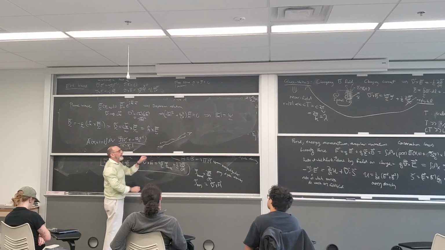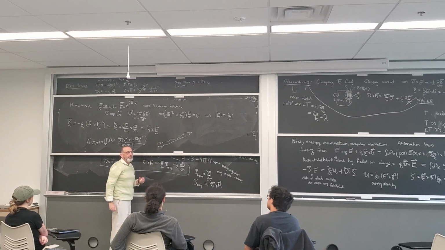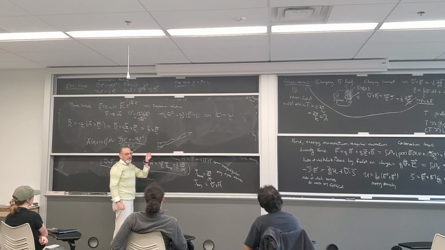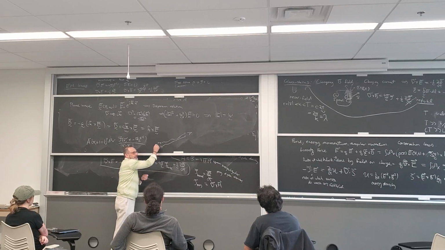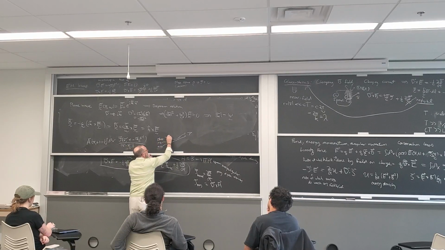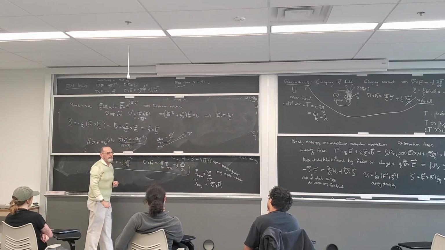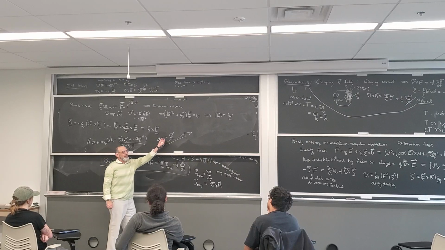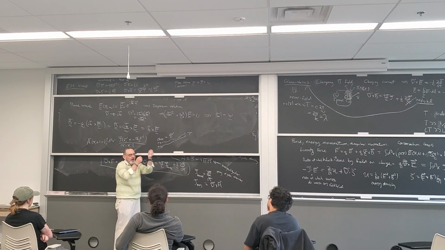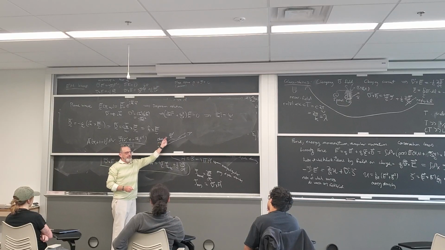The question is, how big, what's the difference in these retarded times compared to the time over which this changes? So there's a delta t retarded time, which is equal to delta x prime over c.